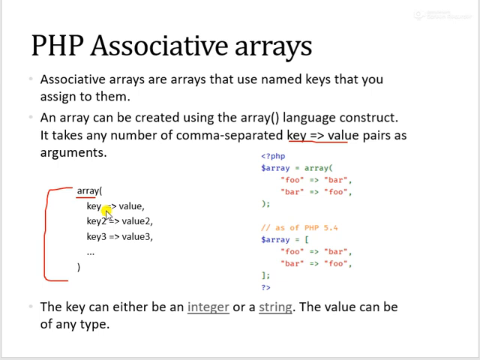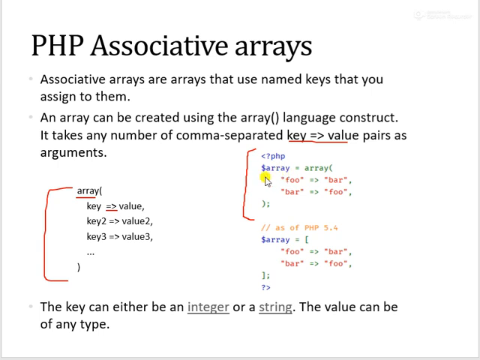The symbol we need to use is an arrow, an equals sign followed by a greater than sign. Here is an example of how to create an associative array.